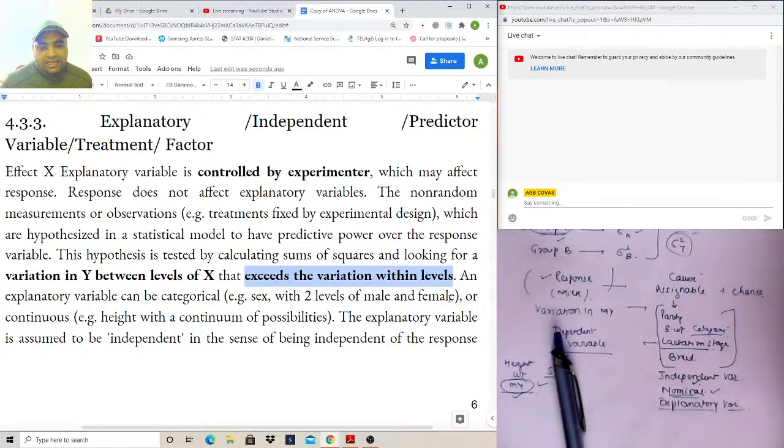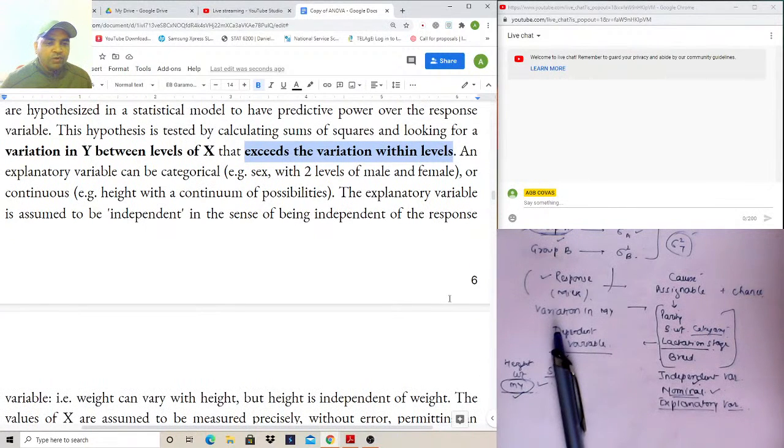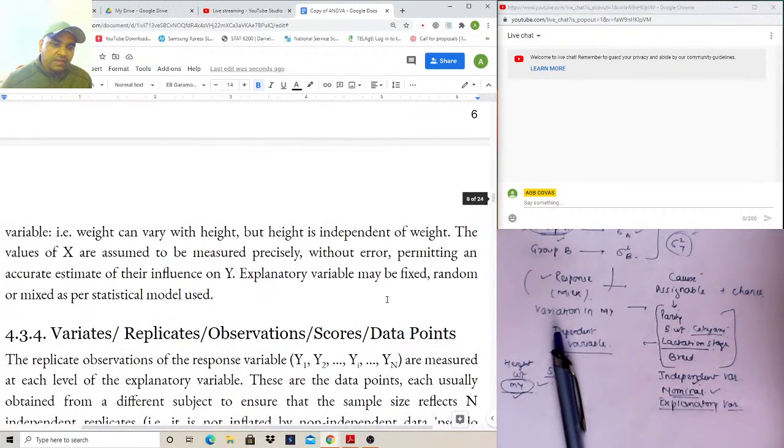Okay. So an explanatory variable can be categorical, say for example, sex with two levels like male and female, or continuous, height with a continuum of possibilities, right? So the explanatory variable is assumed to be independent in this sense of being independent of the response variable. Say, for example, weight can vary with height, but height is independent of weight. Okay.